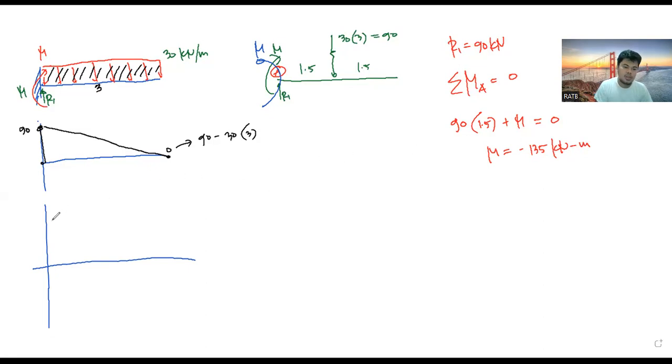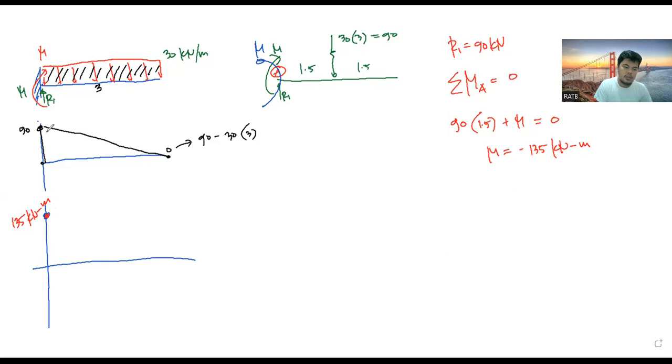So you start with 135 kilonewton meter, not 0, because a moment at this point exists.